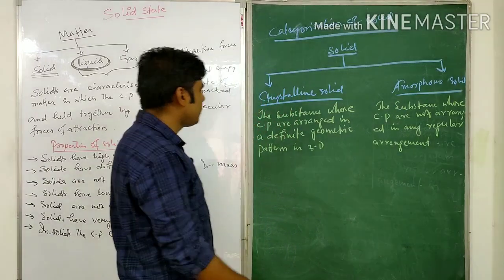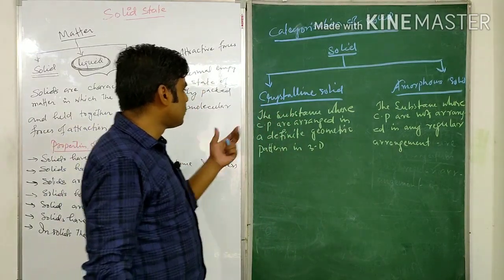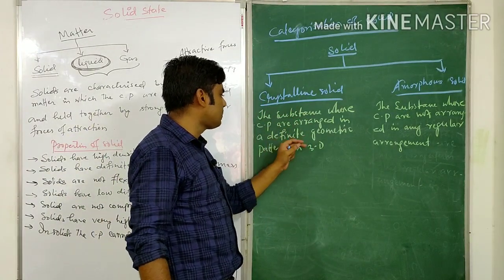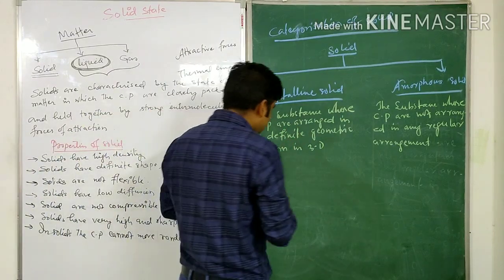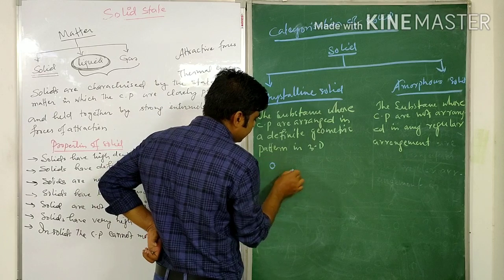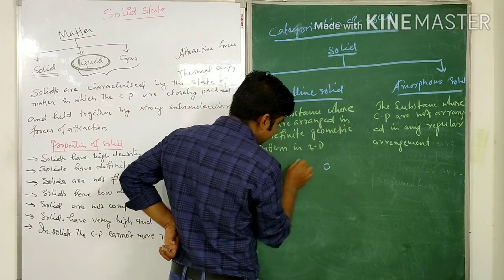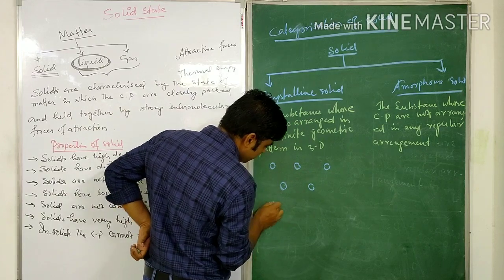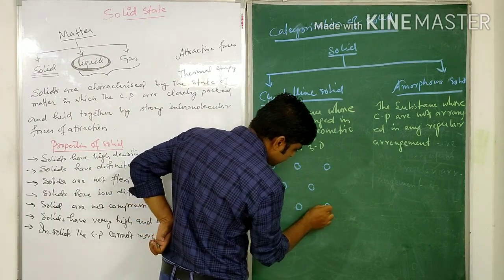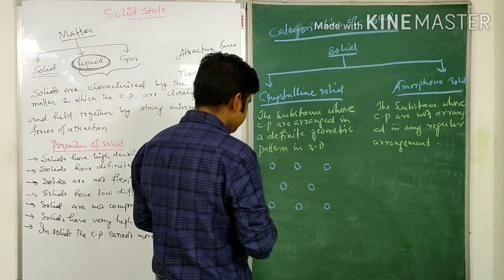See here, the substance whose constituent particles are arranged in a definite geometric pattern. So here I will show the arrangement of the atoms. You see, the arrangement of the atoms is very regular, and they have a definite arrangement.